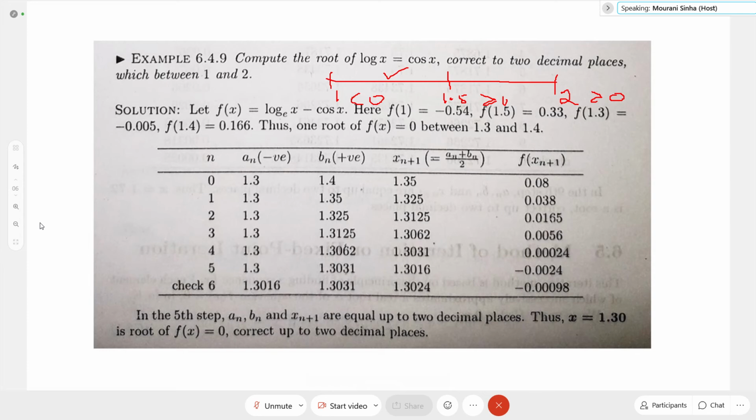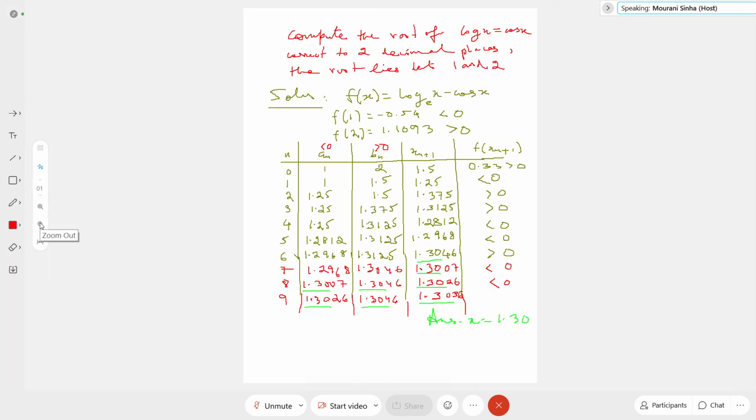So actually the same thing only they did, but they did it without the table, the first part. Okay, so then they computed f of 1.3, f of 1.5, 1.4, and like this a few values. And before starting the table, they concluded that the root lies between 1.3 and 1.4. And then also there were 6 steps that they had done. Okay, so I don't think it will save too much time. If you are very confident, then you can do like this. Otherwise, what we did was straightforward.